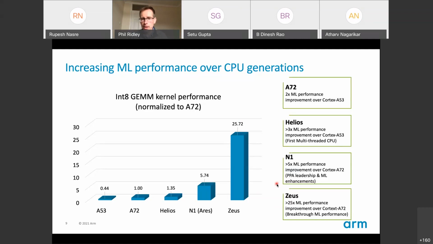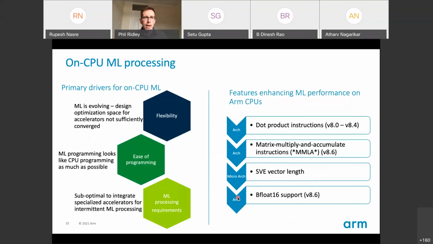So Zeus is going to bring a great performance improvement for ML applications. So certainly the evolution of the CPU design over the last 9 or so years has meant that there's a lot of performance improvement for ML applications on ARM.